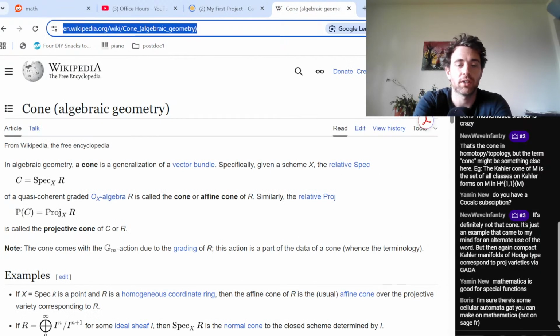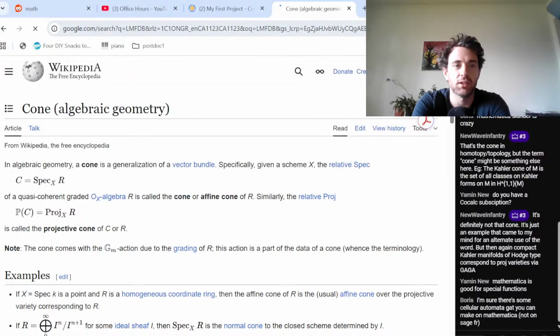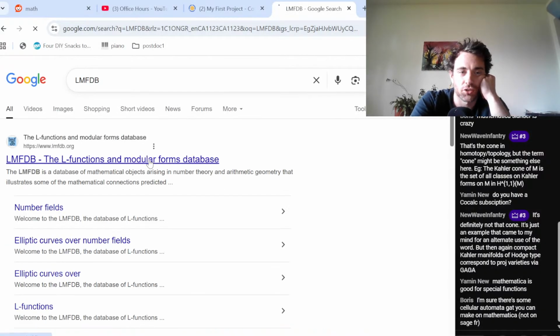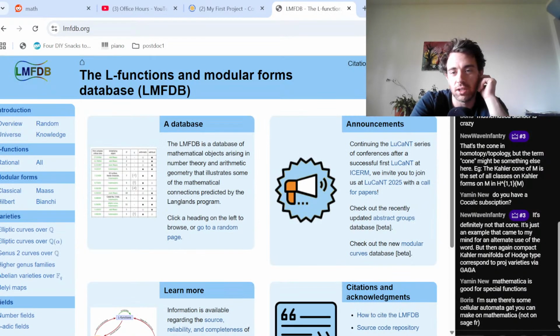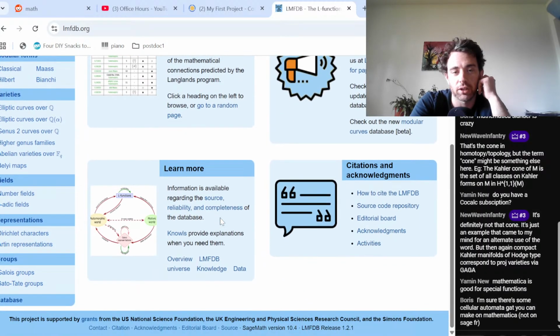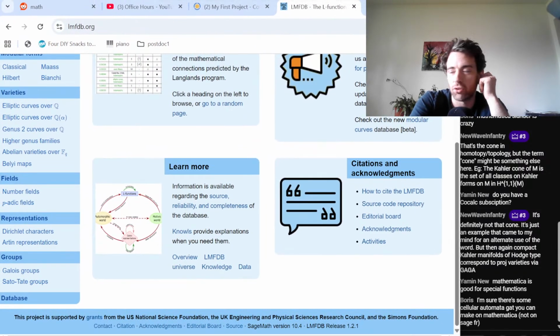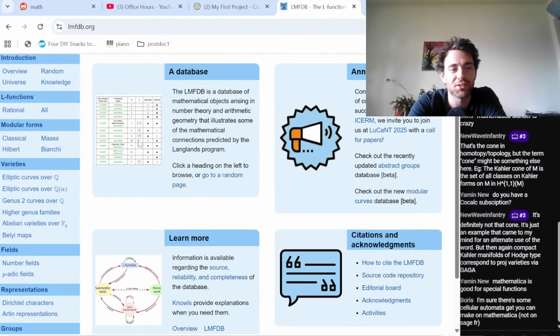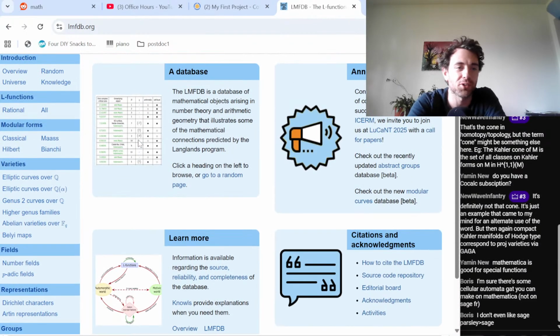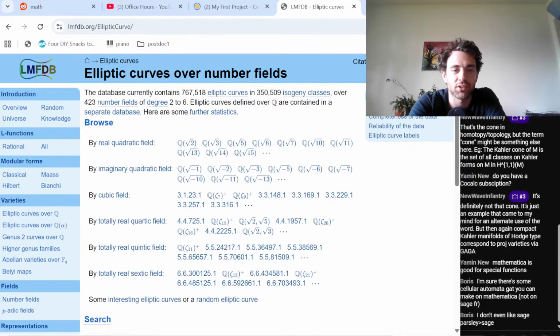Sage is also connected to LMFDB, so you can go to LMFDB and click on a thing and it will open up a link to Sage code for you, and vice versa. You can find a group in Sage and ask it to find a field extension with this Galois group or something, and it'll bring you over to Sage.